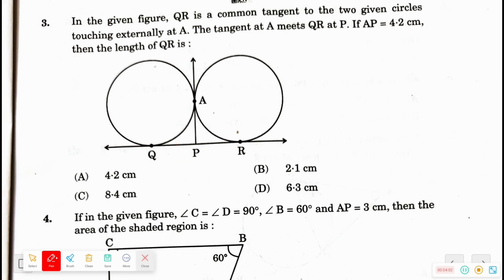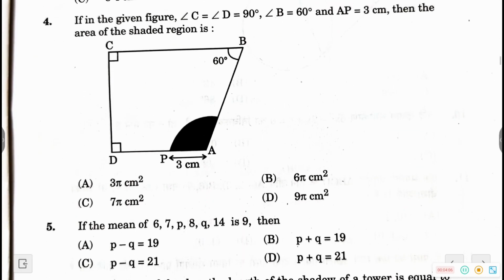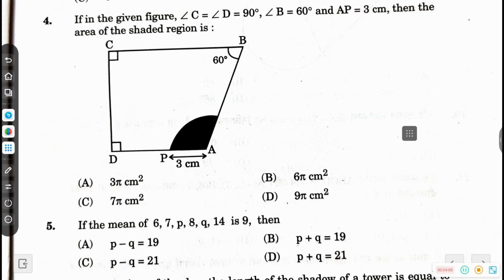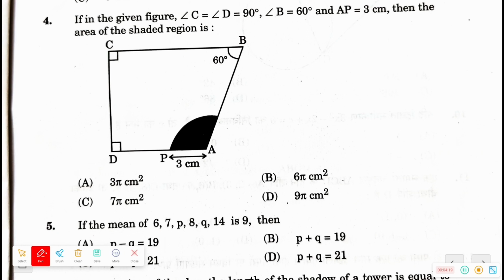Question number 4 is about a quadrilateral, and in that quadrilateral we want a sector area. What is the area of a sector formula? Area of a sector is theta by 360 into pi r square. But we don't know theta here. Angle A is not given in the question.